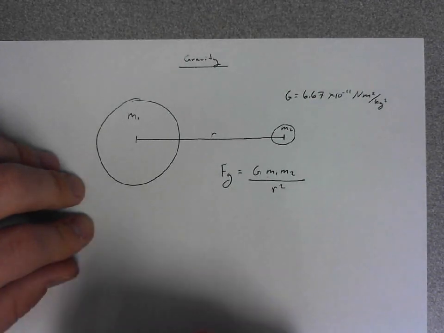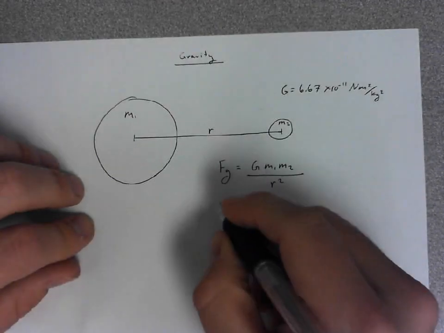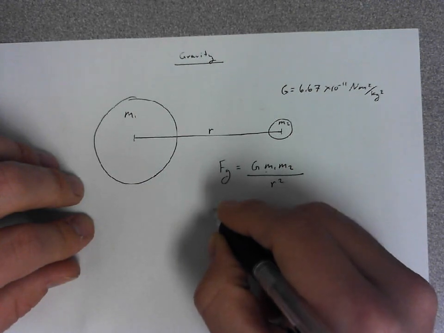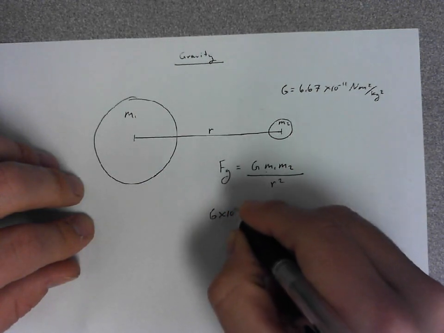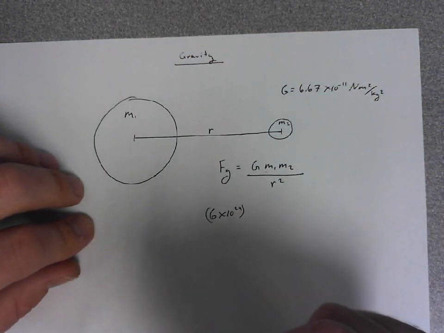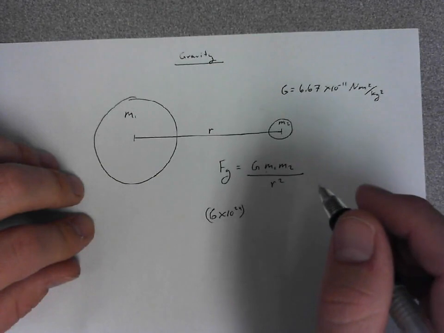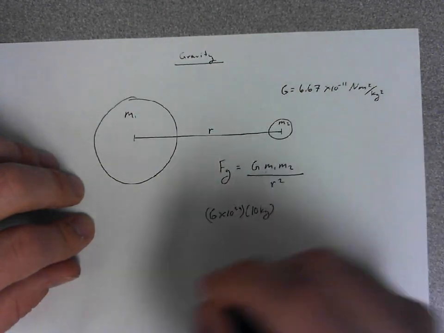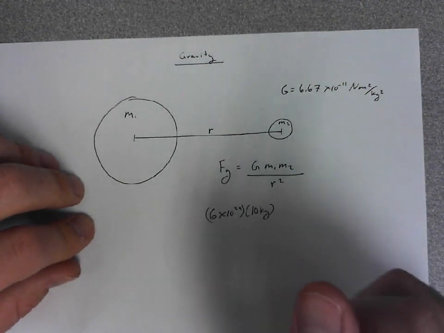Let's say we make up numbers, even something like the mass of our Earth, which is roughly 6 times 10 to the 24. And I want to know the gravitational influence of putting, let's say, a 10 kilogram rock on the surface.